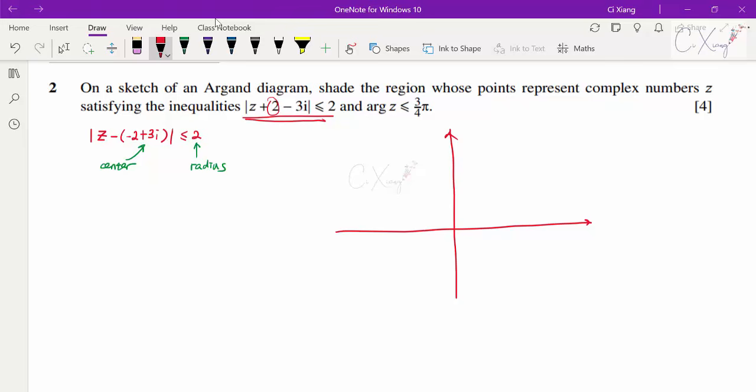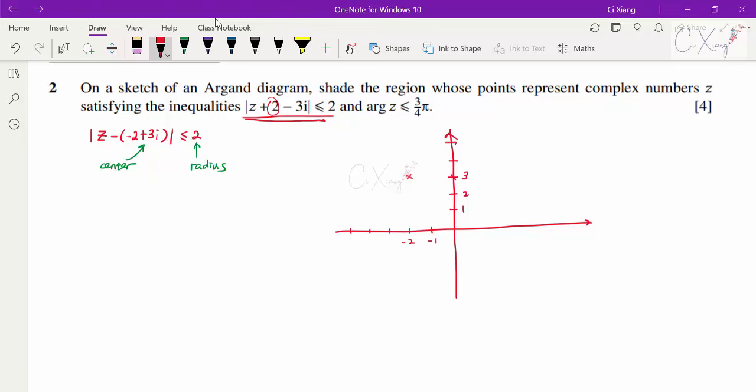I'm having negative 2 here, so that's why I try to plot it. In the exam, you can use the ruler to measure the length. So I'm having this negative 1, this is negative 2, and then 1, 2, and 3 here, which means that my center will be around this part.